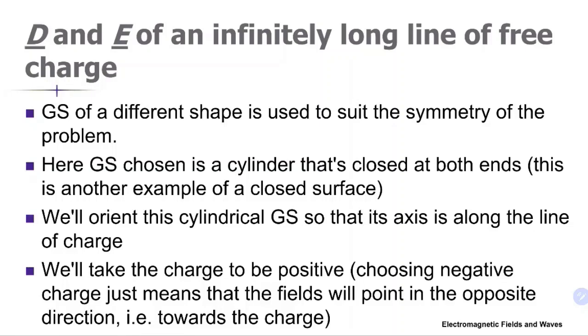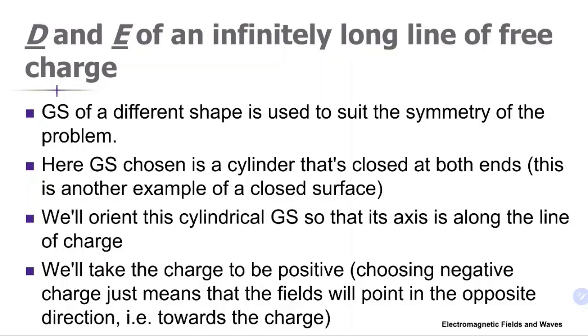You can't choose a sphere because you have a line charge. If you choose a sphere, then it will not be constant. So you have to choose something else that gives you a good or simple integration. We want the electric flux density to be constant on the surface, and we want the vectors to be parallel.